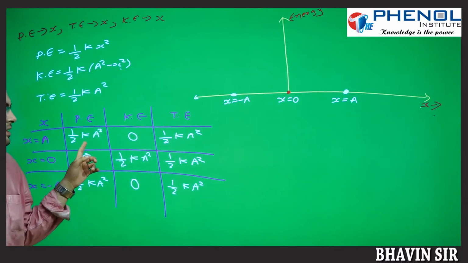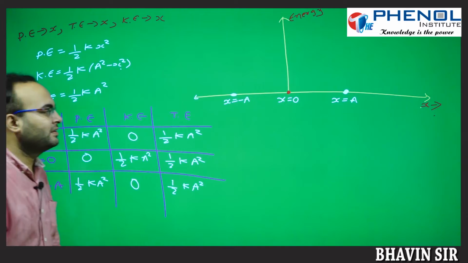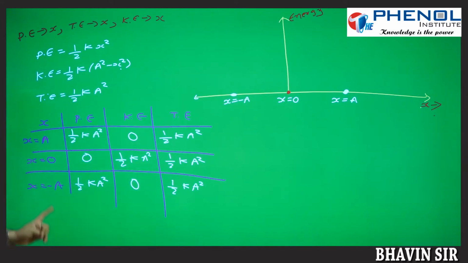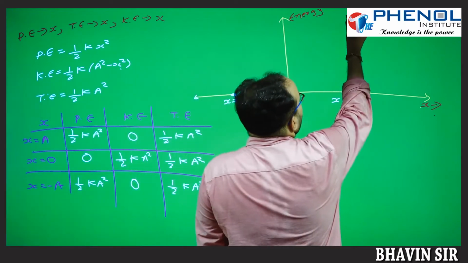At x equals a, potential energy is maximum, half k a square.